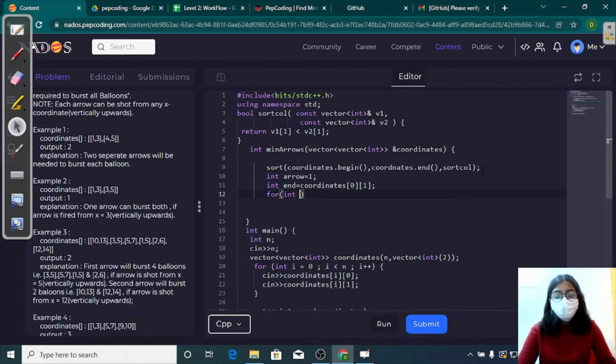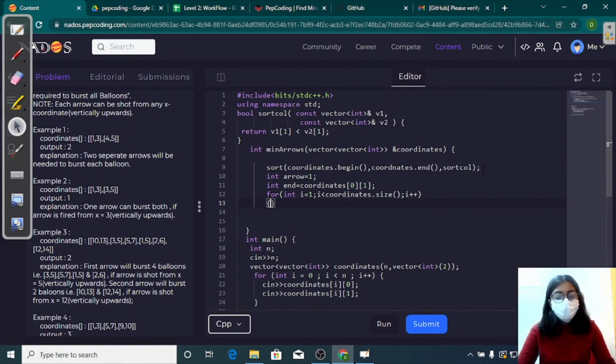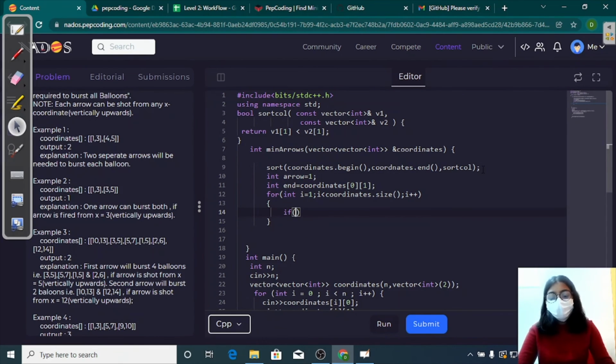Then I will start from index 1, that is from my second balloon. It should be less than coordinates dot size, I plus 1. Okay, now I'm going to check if the starting point of my coordinates, that is coordinates of I of 0, is less than end, it means less than or equal to end.